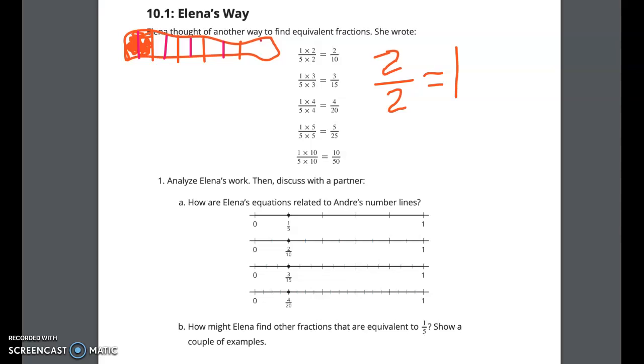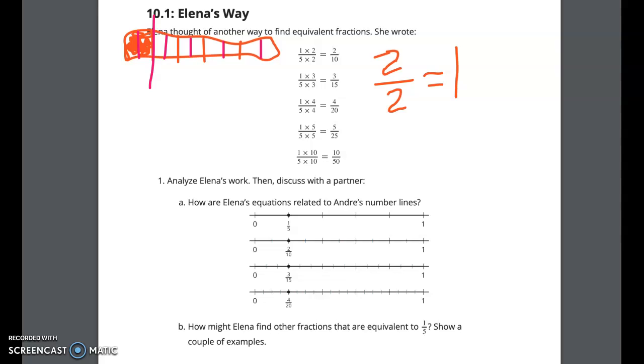So when this is done, we should have 10 pieces: 1, 2, 3, 4, 5, 6, 7, 8, 9, 10. Notice that one piece was cut into 2 pieces, but you're still getting those 2 pieces. So that's how 2/10 is still equivalent.